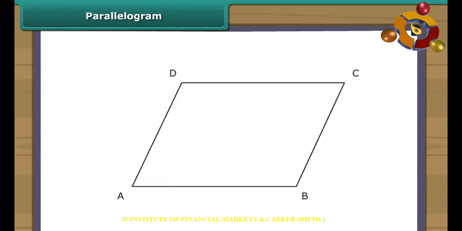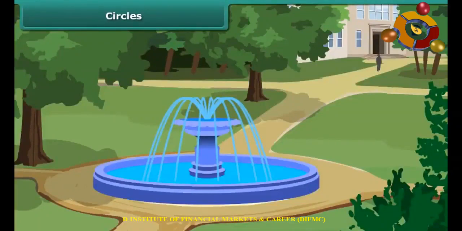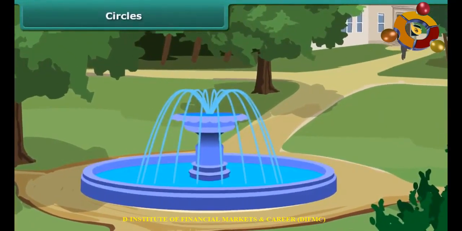For this you require the measures of the base and the distance between corresponding parallel sides. Area of a parallelogram is the product of its base and the distance between the parallel sides, that is, the height of the parallelogram.